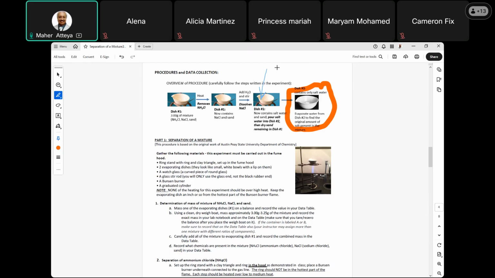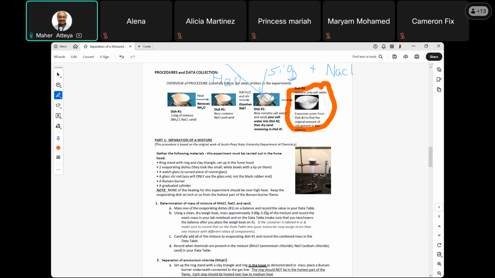I have both silicon dioxide, the sand, plus the sodium chloride. I have to add H2O to take advantage of the fact that sodium chloride is polar and soluble in H2O. Sand is not polar, it's not soluble in H2O.